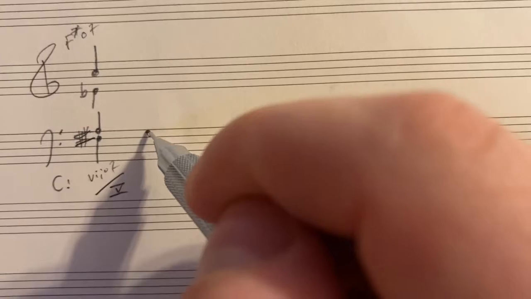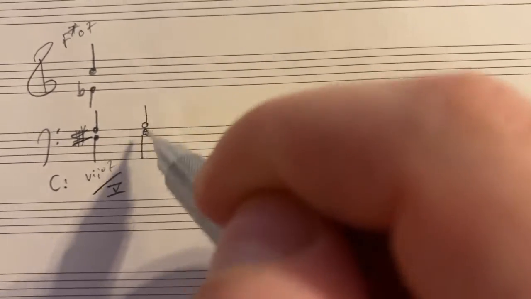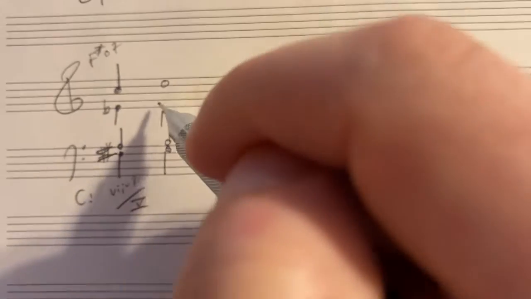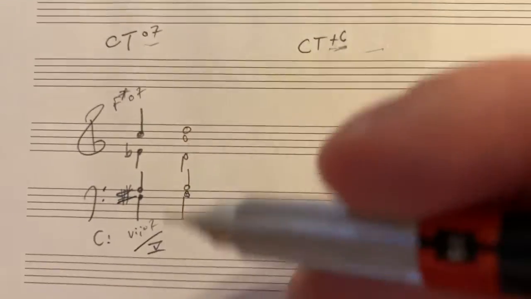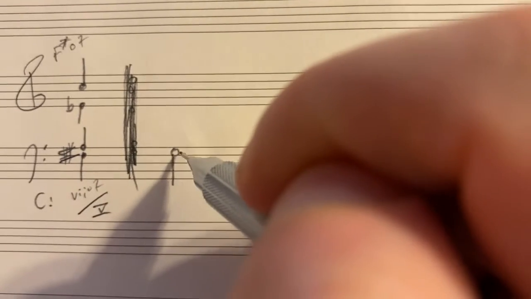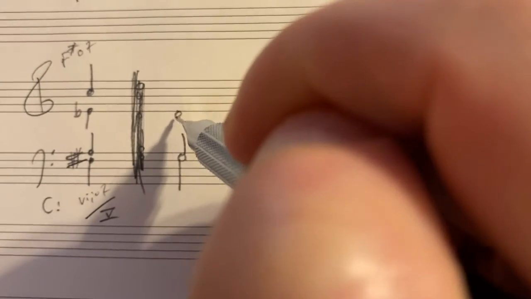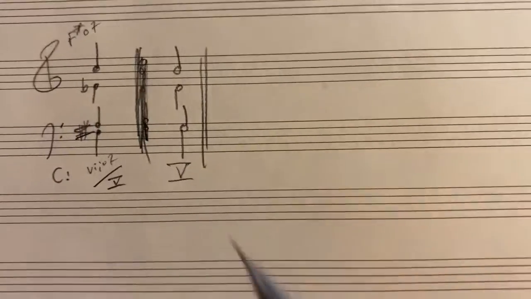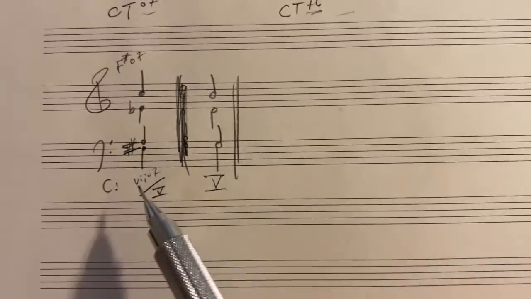And if this happened next, oops, I don't have an eraser, that's a problem. Let's try that again. Okay. If that happened next, then we would be totally right to call it a 5-7 of 5.